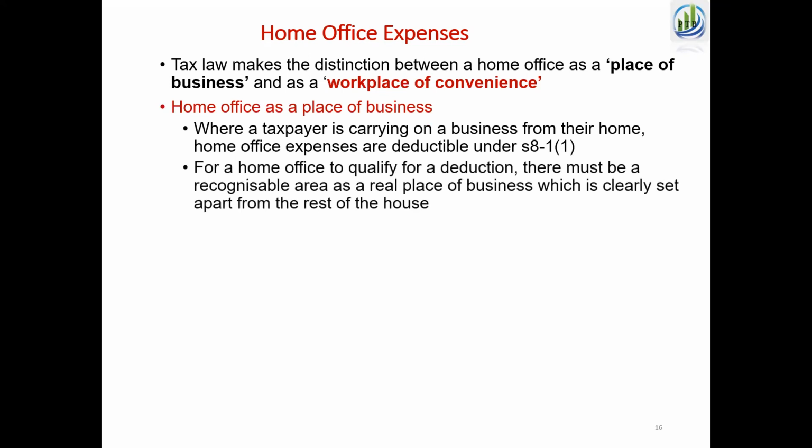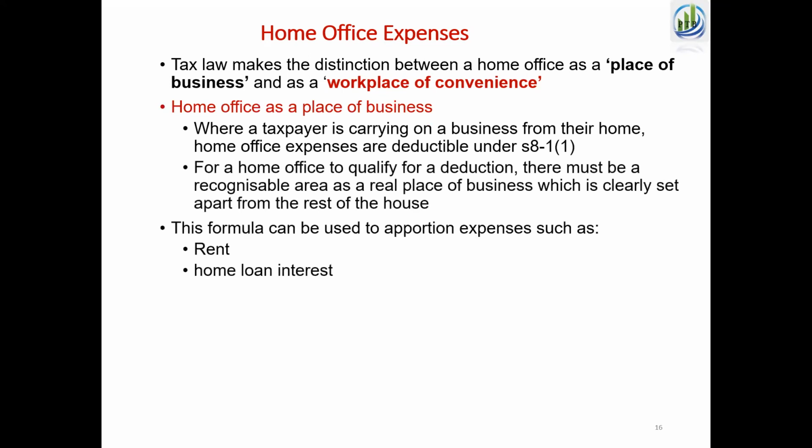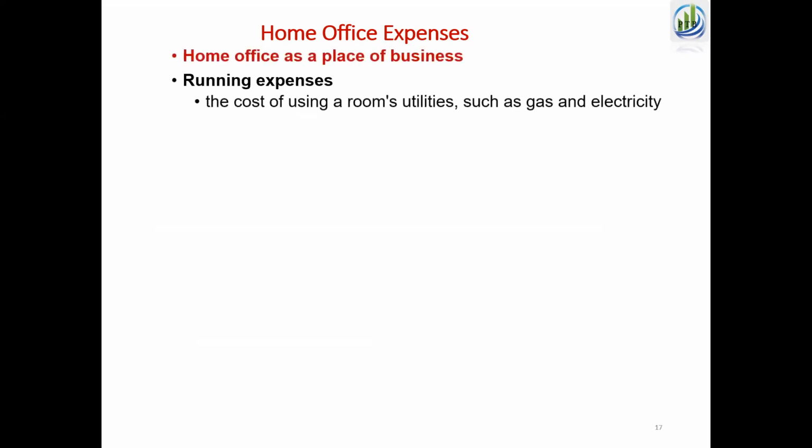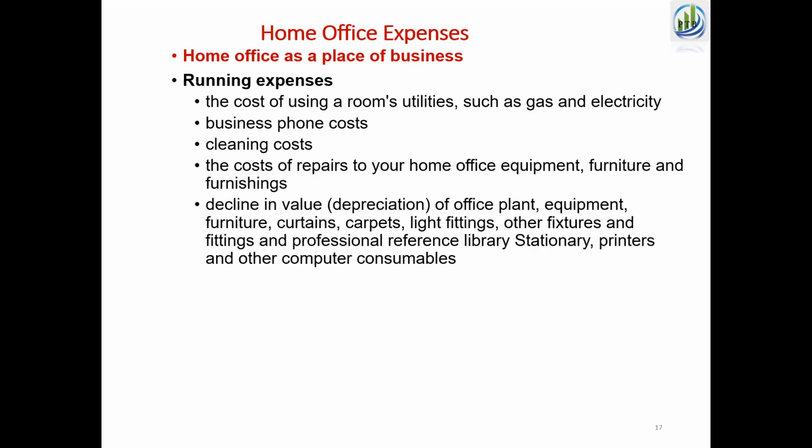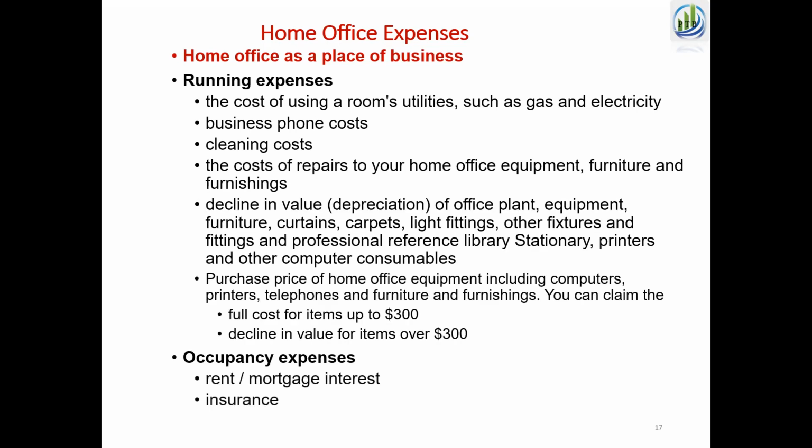Now we will come back to the home office. You can claim different expenses, and I will explain that in the next slide. There are two types of expenses: running expenses and occupancy expenses. Running expenses mean your utilities, such as gas, electricity and water, cleaning and repairs of your equipment, the declining value of your computer and all the other equipment you have, and the purchase of a phone and internet.